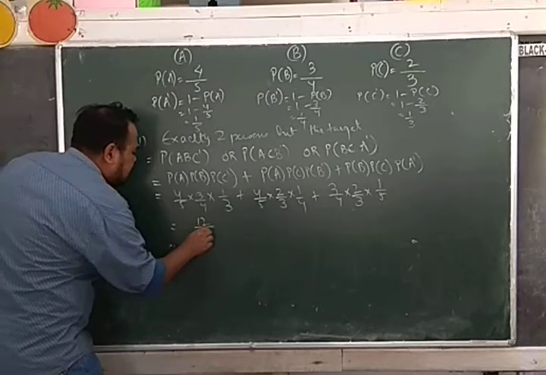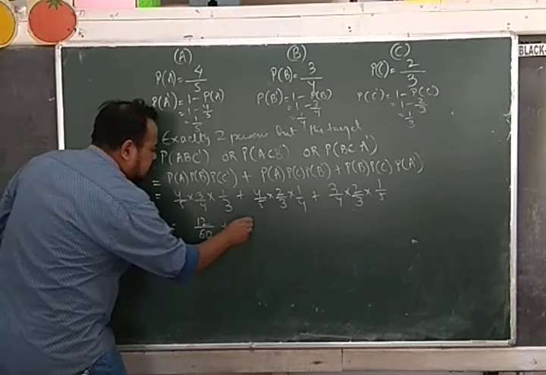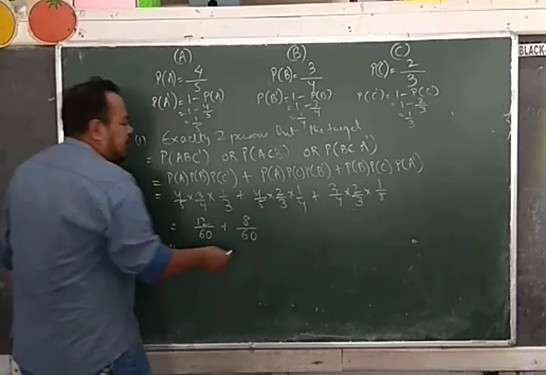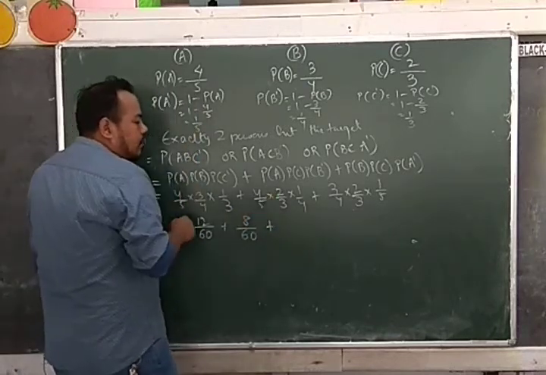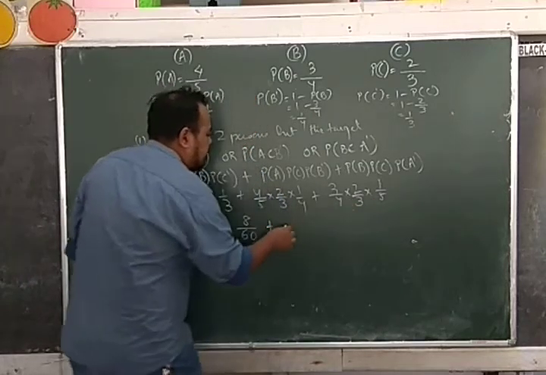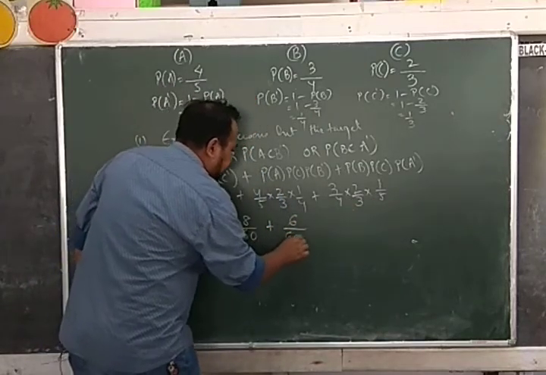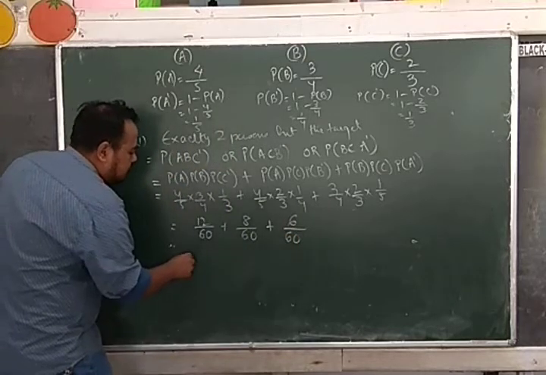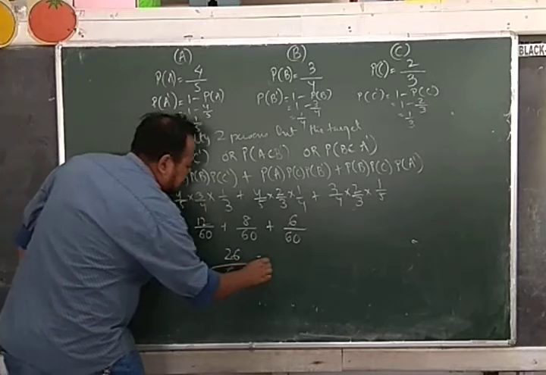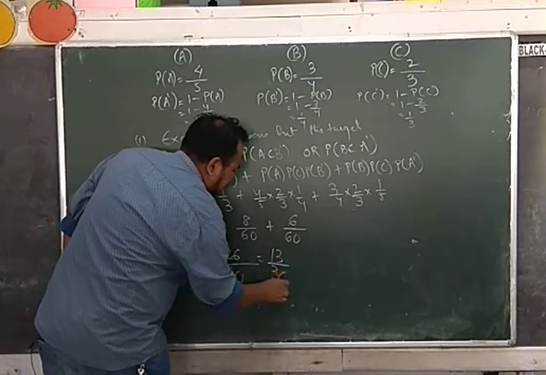So you get 12 by 60 plus 8 by 60, because of the LCM; that is the reason why I did not cancel. Similarly, 5 fours are 20, into 3 is 60. So this becomes 6 by 60. So the overall value that you get is 26 by 60, or 13 by 30.